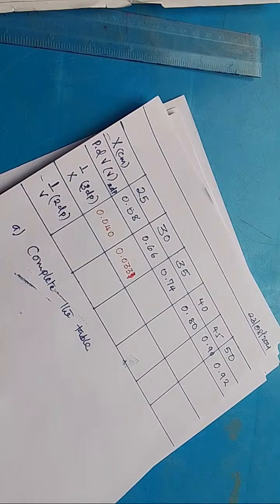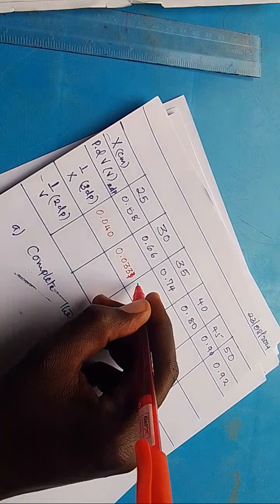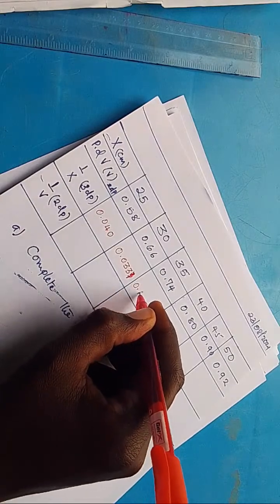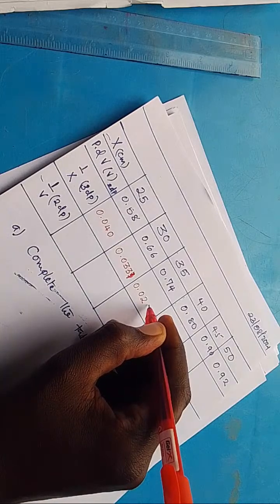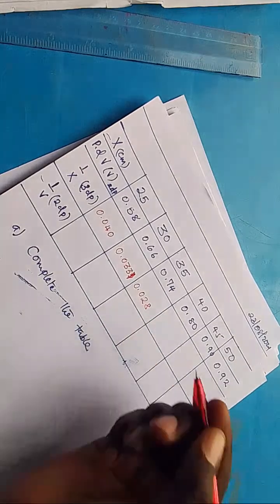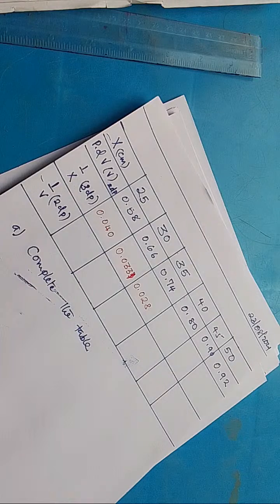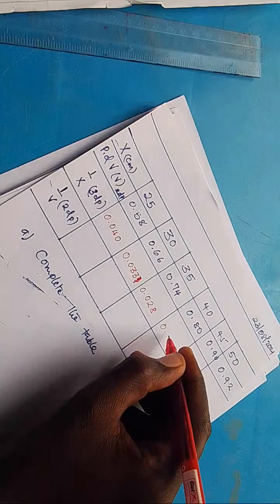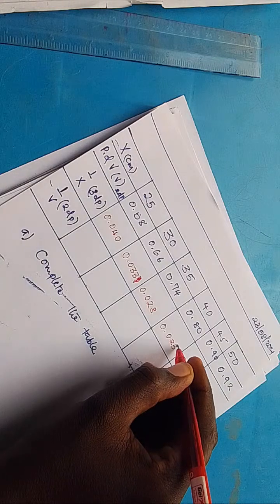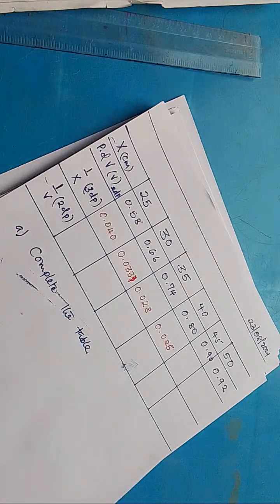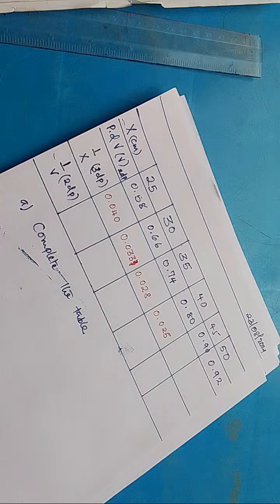The one for 35 becomes 0.028. The next one is the one for 40, which becomes 0.025.